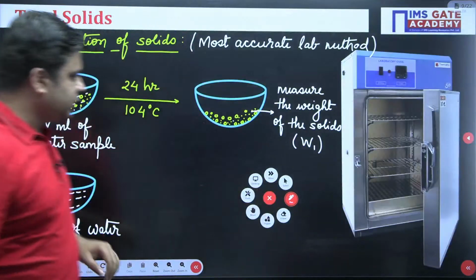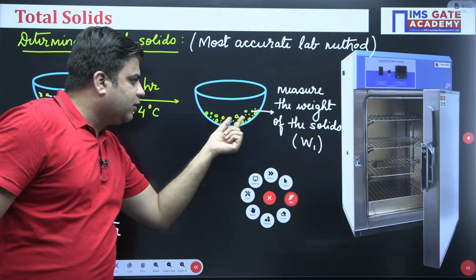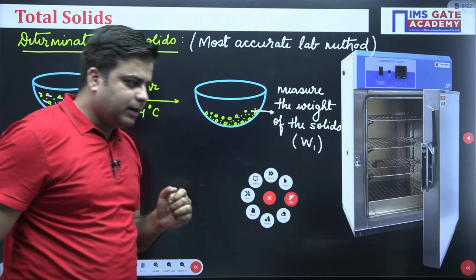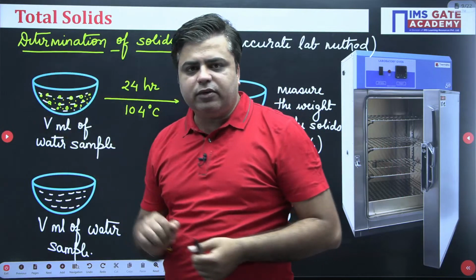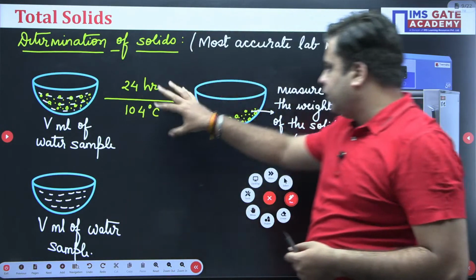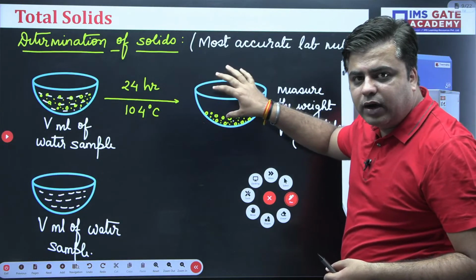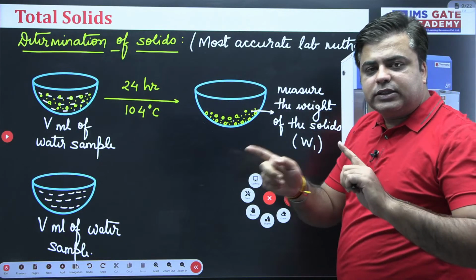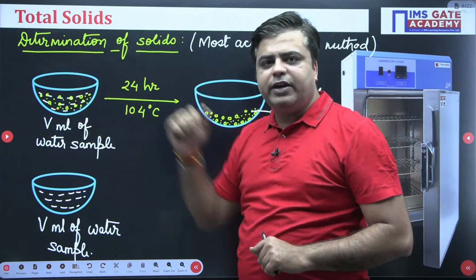Now see this. Most of you have this confusion: how do we calculate this W1? Before starting the experiment, you measure the empty weight of the crucible. Then after 24 hours, you take out this crucible from the oven and you again take its weight. Just take the difference of this weight minus the empty weight of the crucible.